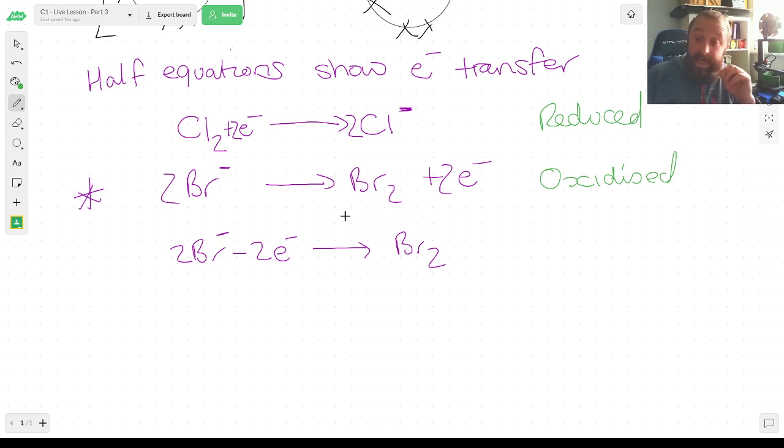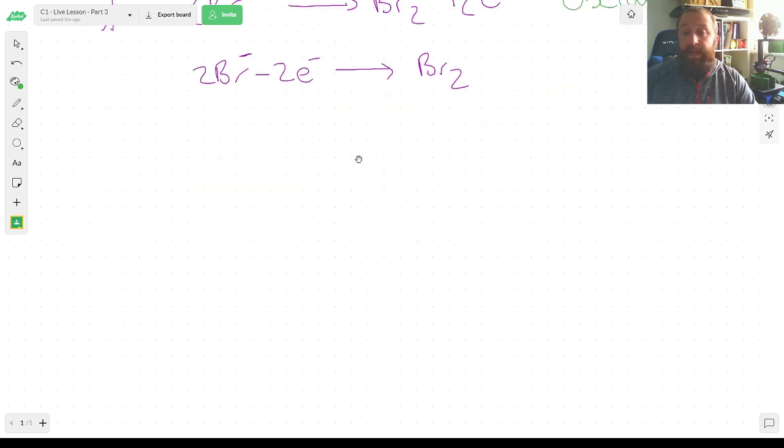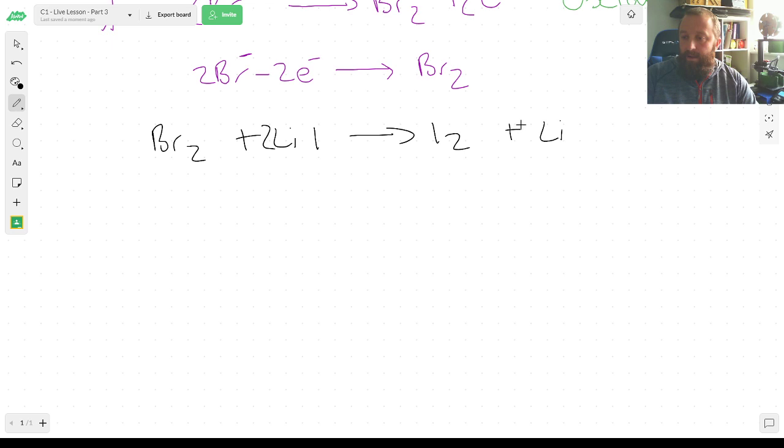Now, you can test yourself with any of these, and if you want to have a go at some, and then email them through to me later on to have a look and check your working out, that's absolutely fine. But we can do some reactions, so let's do bromine plus lithium iodide goes to iodine and lithium bromide.